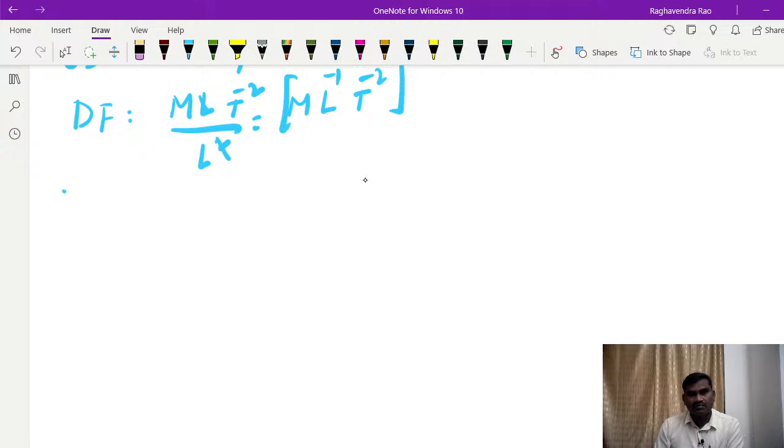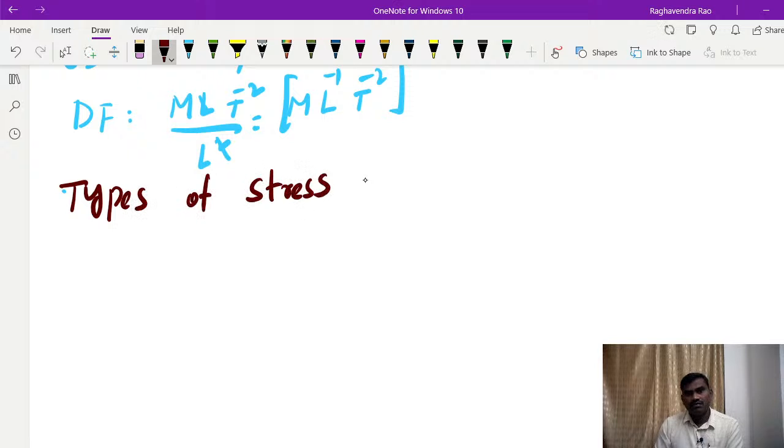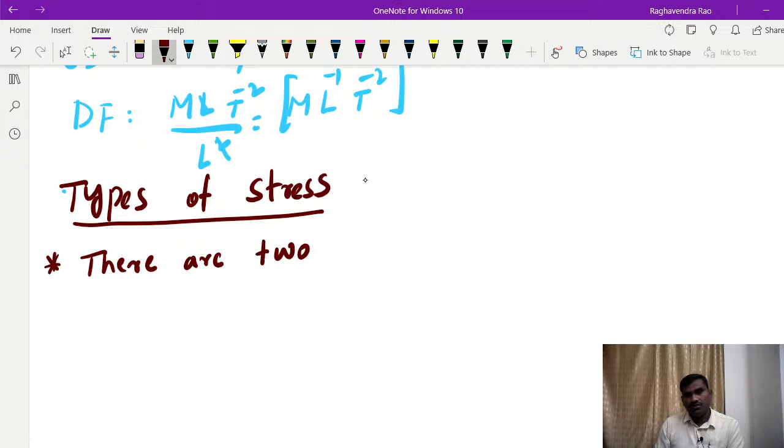Next, types of stress. There are two types of stress.